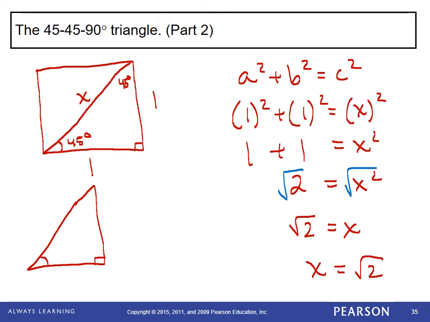All right, so if we just want to write it all out here, if you have a 45, 45, 90 triangle, and if you have the sides as length 1, therefore the hypotenuse will be length square root of 2, sorry.